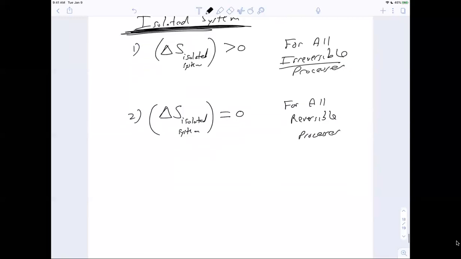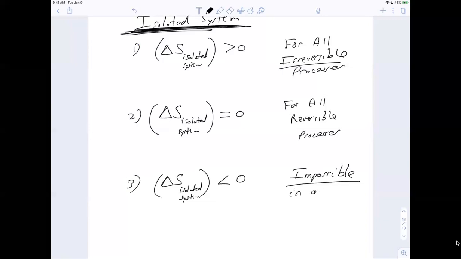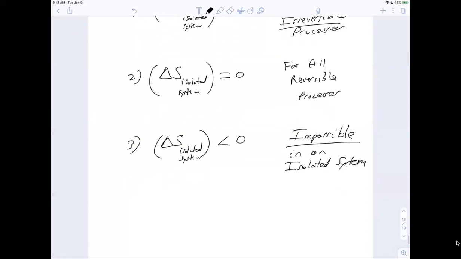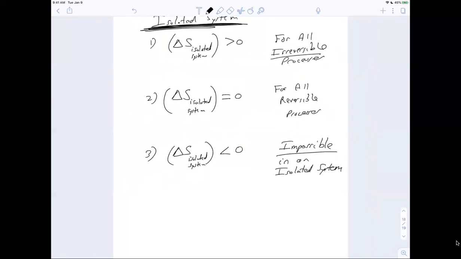And then finally, delta S of an isolated system less than 0 is impossible. It will never happen. The entropy will never decrease in an isolated system. Impossible in an isolated system. Note again that this is all for an isolated system.